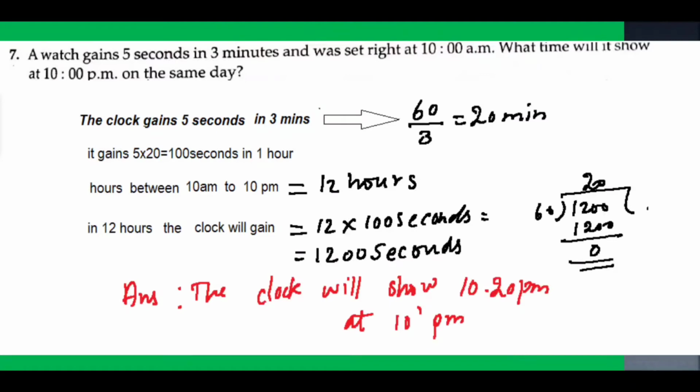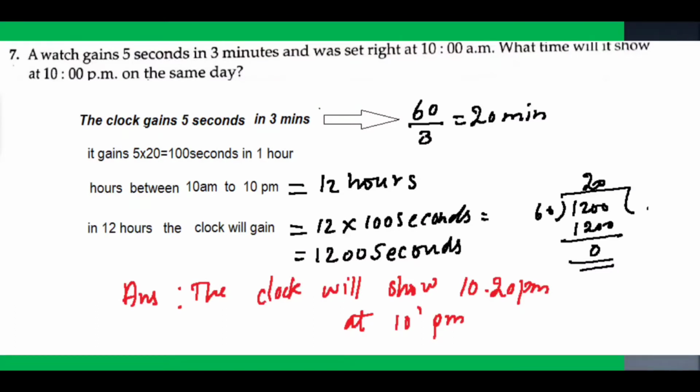So a clock gains 5 seconds in 3 minutes. So we are dividing 1 hour by 3 because it is 3 minutes, that is 20 minutes. So it gains 5 into 20, that is 100 seconds in 1 hour.